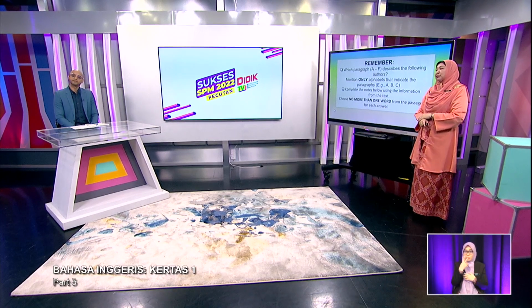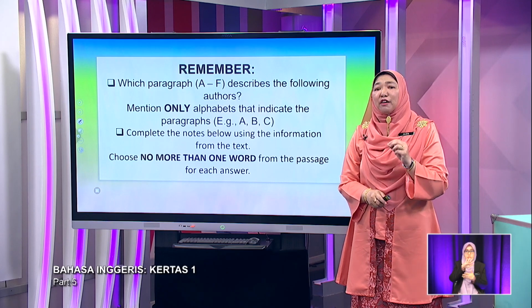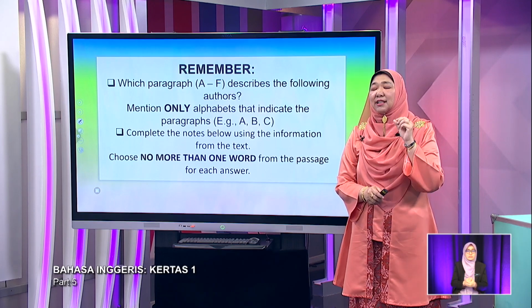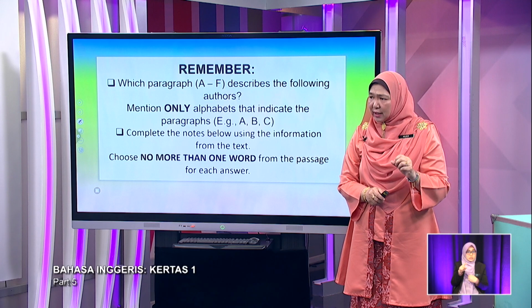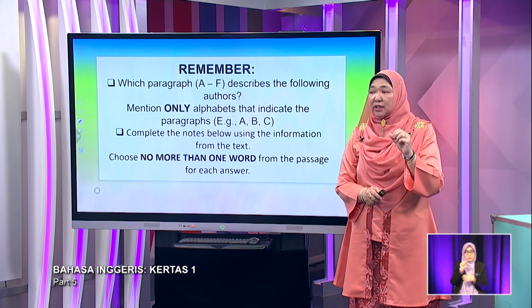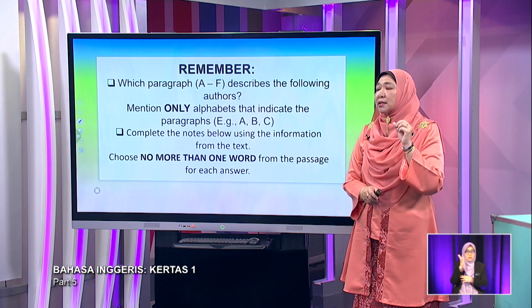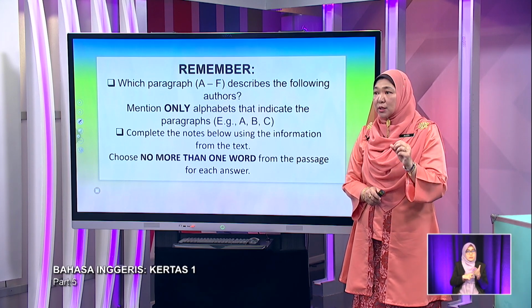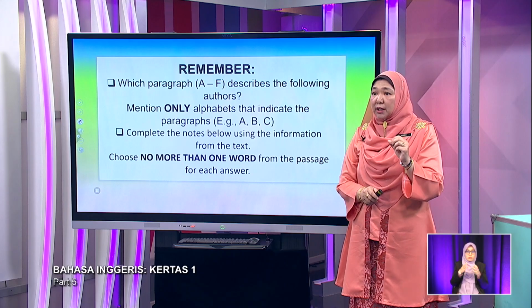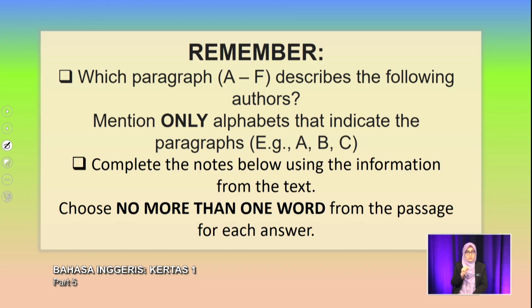A reminder for all of you: you have to read the question carefully because the question will tell you what to do. For example, in task 1, the question will be which paragraph A until F describes the following authors, or whatever the question is.